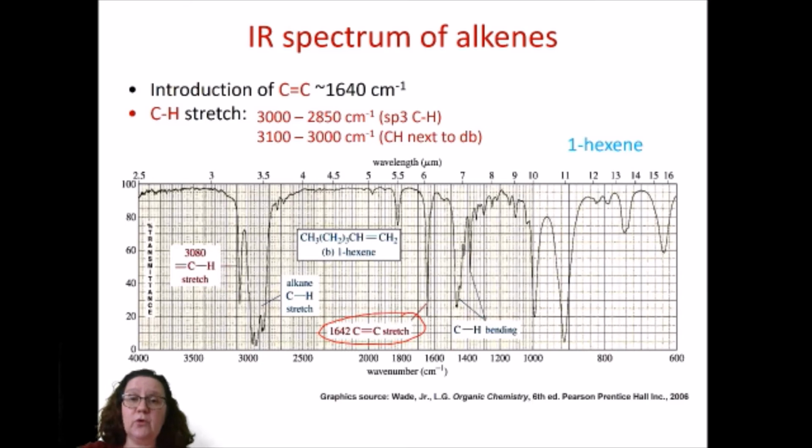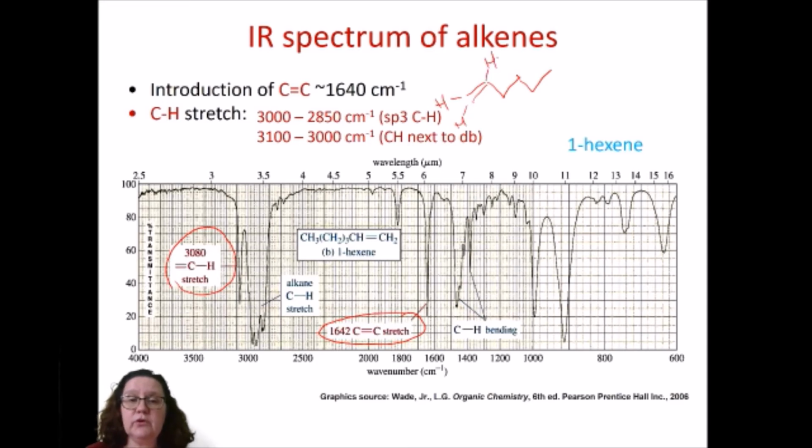you have a very small molecule, for example, if I'm going to draw here, this would be the structure of 1-hexene, so 6 carbons, with a double bond between 2 carbons. So in the infrared spectrum of 1-hexene, you can observe the carbon-hydrogen stretch modes related to the 2 hydrogens attached to the double bond.